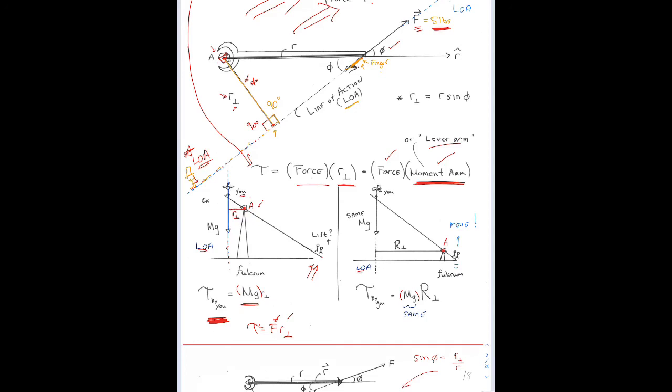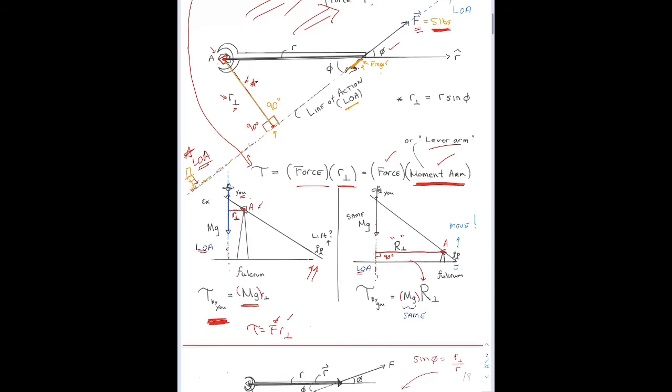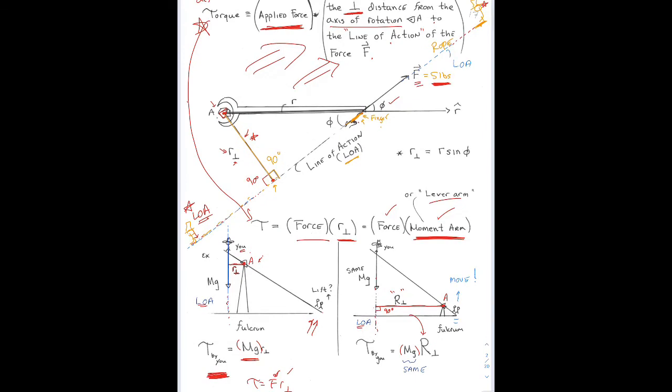But now here's your line of action. That looks the same. But now you have to draw a perpendicular line from the axis of rotation to the line of action. There's your perpendicular line. Remember that's 90 degrees. So now your moment arm is huge. That's a big distance. So you increase the torque that you exert, not by changing the force, but by changing the moment arm, and then that would lift the people up.